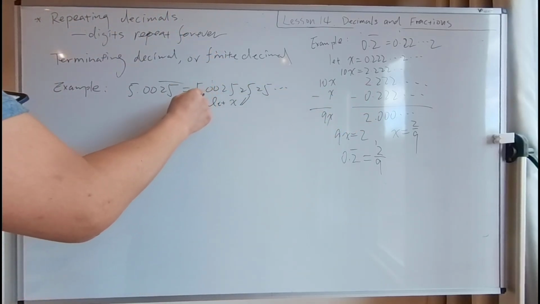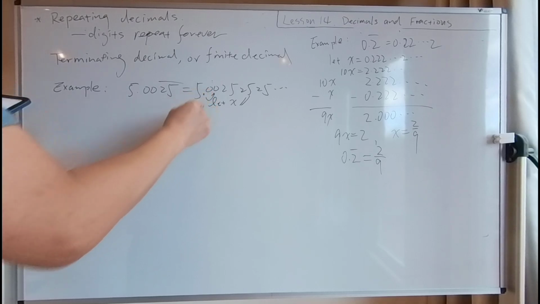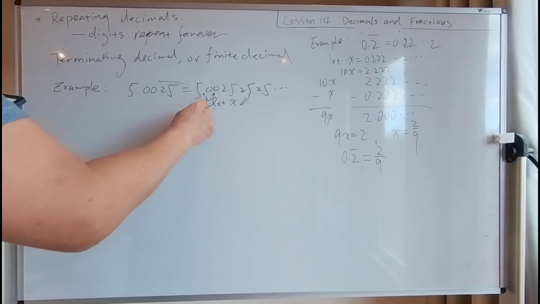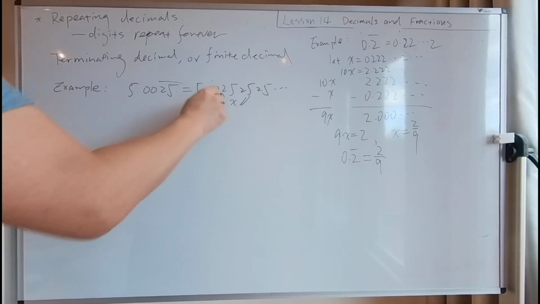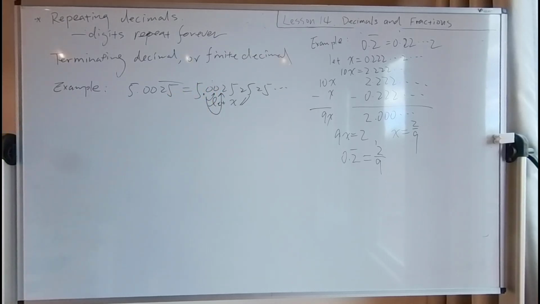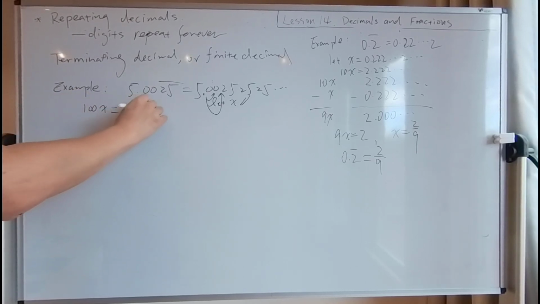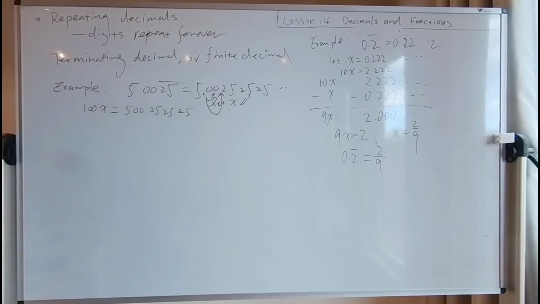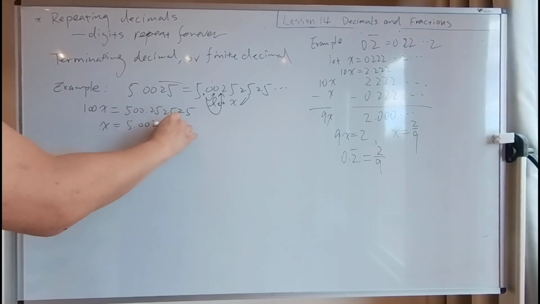So if you're only multiplying by 10, it's not reaching the repeating term. In fact, you should at least go to the second decimal. So 100x would be 500.252525. And then x is 5.002525.